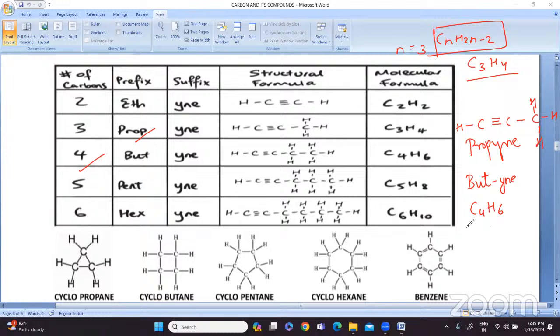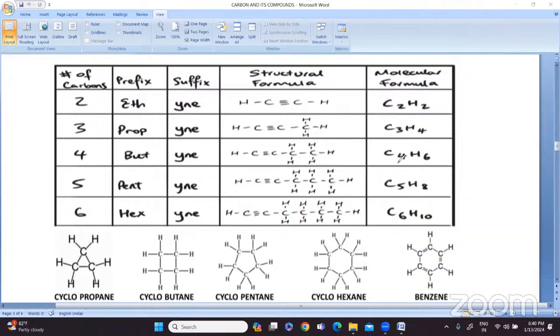Now in C4H6, the number of carbon atoms is 4. Between any two carbon atoms there will be a triple bond. So hydrogens: 1, 2, 3, 4, 5, 6. So the name is butyne.